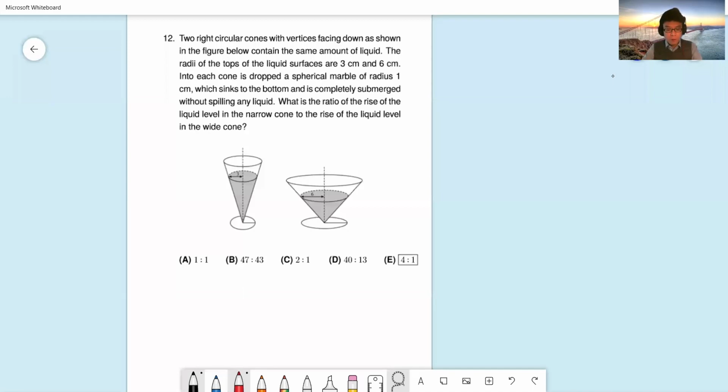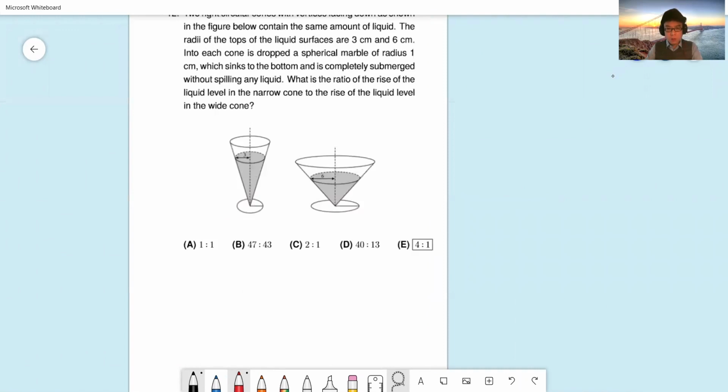Question 12. We have two right circular cones with vertices facing down as shown in the figure, and they have the same amount of liquid. The radii of the liquid surfaces are 3 and 6 respectively. Now let's try to find the ratio of their heights. I would denote the first height h1 and the second height h2.